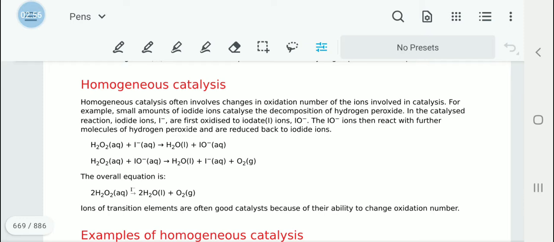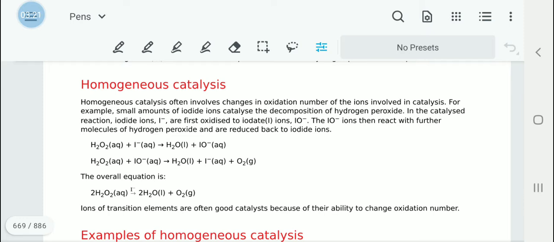Iodide ions would be first oxidized to iodate ions, IO-. Then the IO- ions react with more molecules of hydrogen peroxide and are converted back into iodide ions.